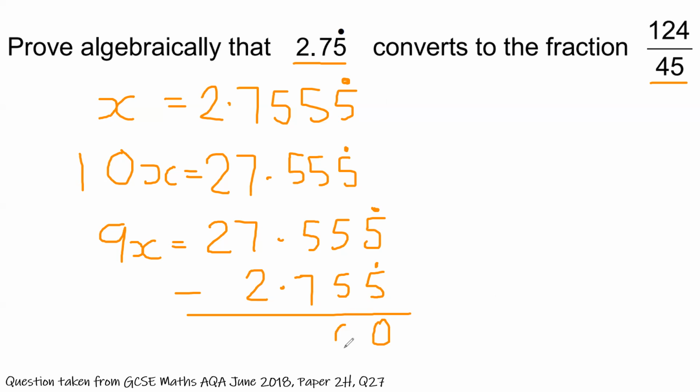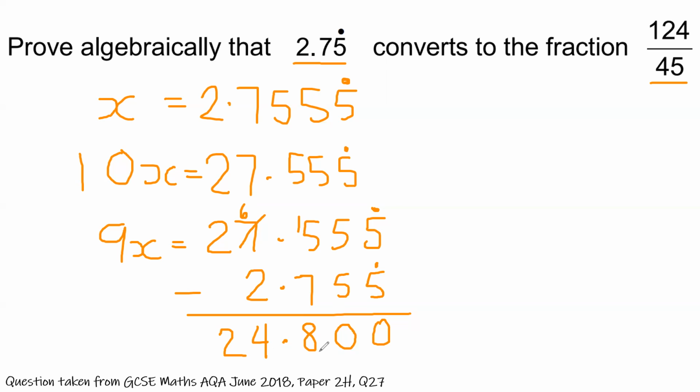So we've essentially got rid of that horrible recurring bit. We're going to do 5 take 7, can't do that, we'll borrow one from here, that's going to give us 8. And then we're going to end up with 6 minus 2, which is 4, 2 minus 0 is 2. So we know that 9x is equal to 24.8.